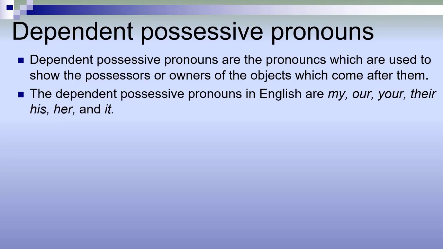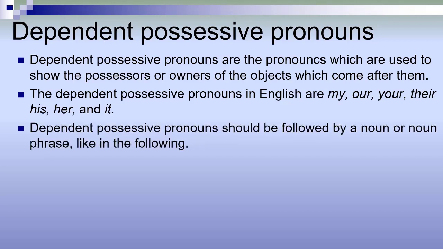Here we have my, your, our, their, his, her, and its. These pronouns show the possessors of the noun which comes after it. Dependent possessive pronouns therefore should be followed by a noun or a noun phrase, like in the following.